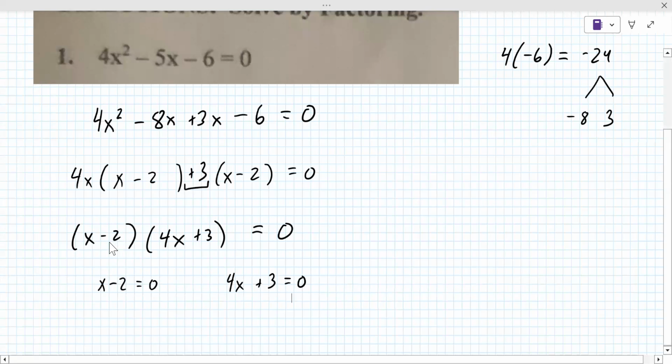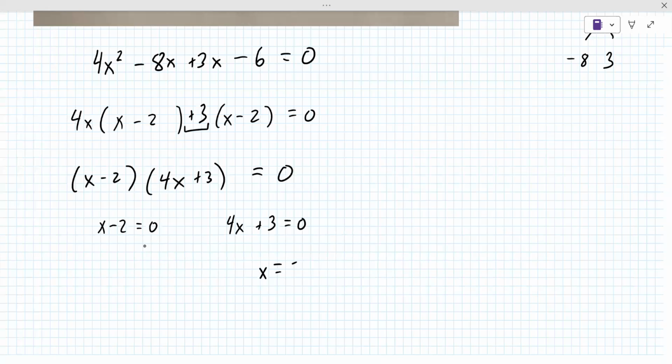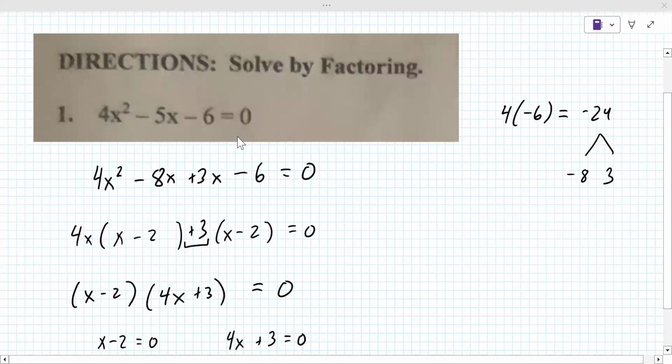We got x equals -3/4 and x equals 2. Yes, perfect. All right, on to number 2. Now notice how number 1 was already set equal to 0.